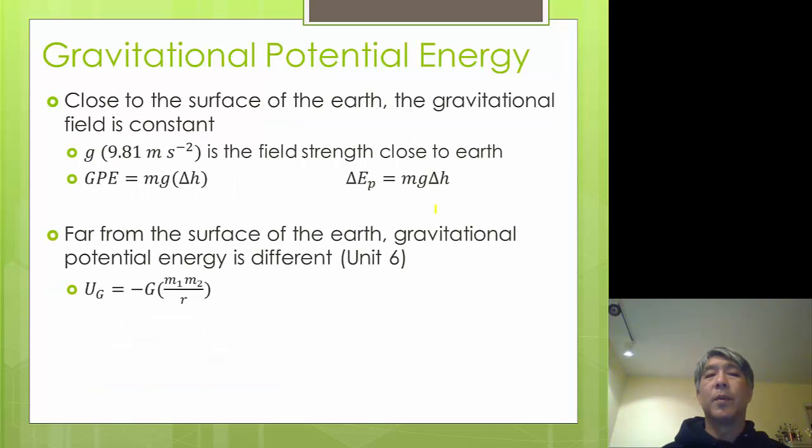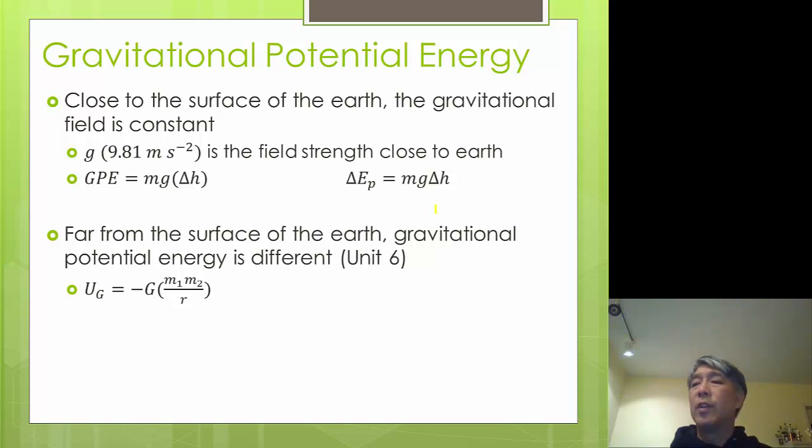So looking at gravitational potential energy, when we're talking close to the surface of the Earth, and this is what we looked at last year, the gravitational field is pretty much constant, 9.8 meters per second squared straight downwards. And so we end up with this formula that says gravitational potential energy is just the mass of the object times g, that 9.81, times delta h, where delta h is the change in height of the object.